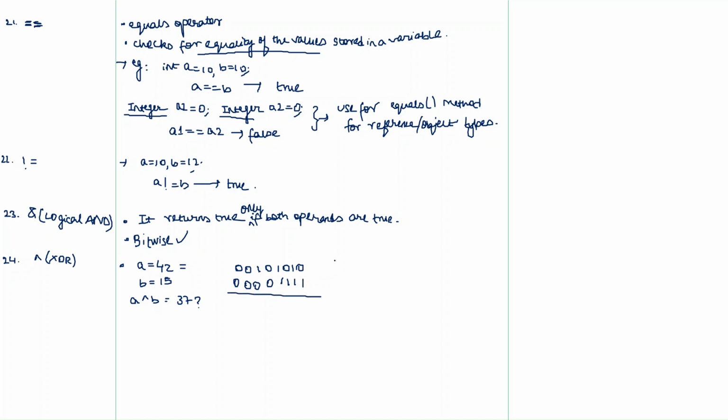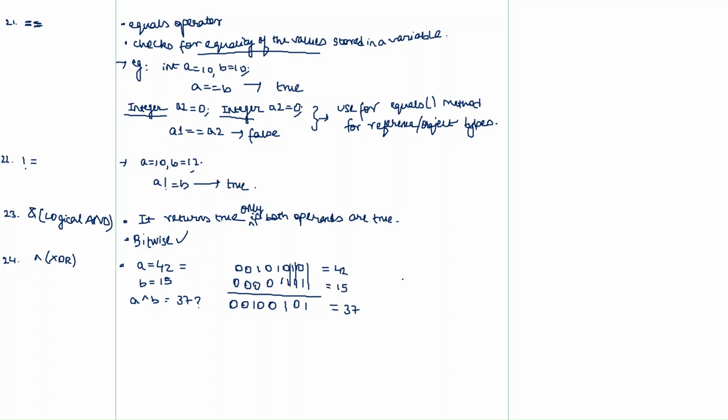Now it goes place by place. For 0 and 1 it will result in 1, for 1 and 1 it will result in 0, then again for 0 and 1 it will result in 1, and in the same way it fills the other places, and this value is 37.